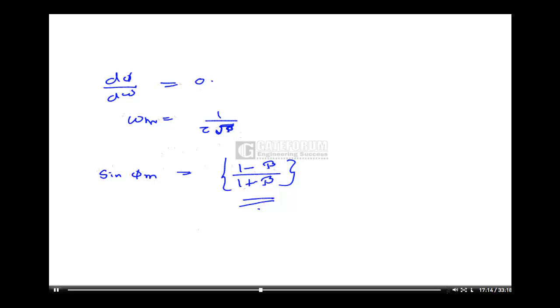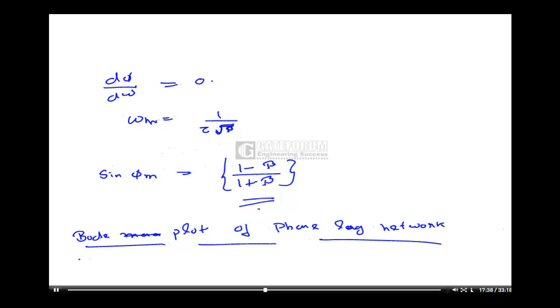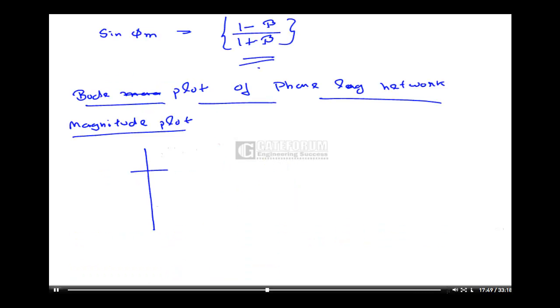Okay, so if we look at the Bode plot, for plotting magnitude plot and phase plot, I have pole first.